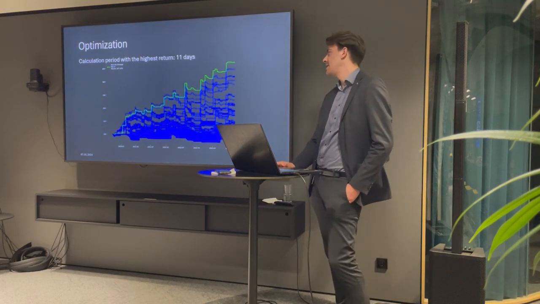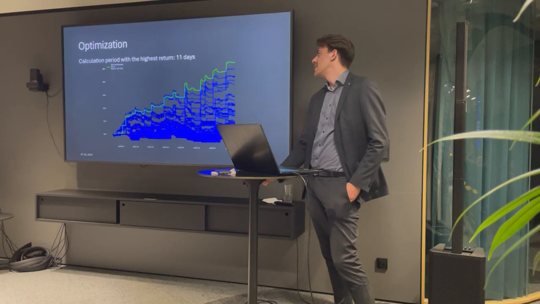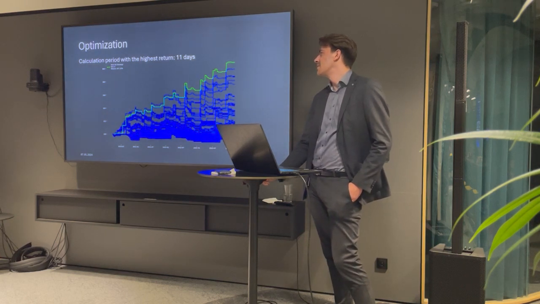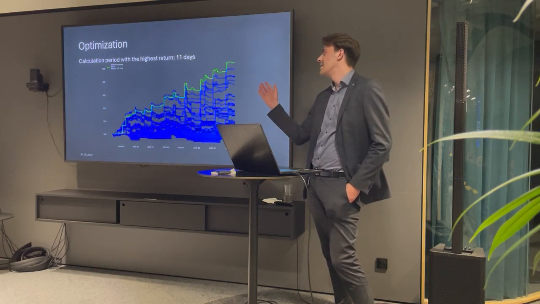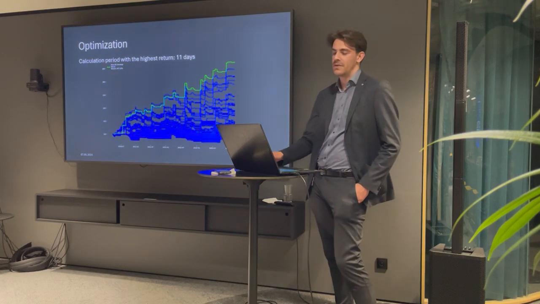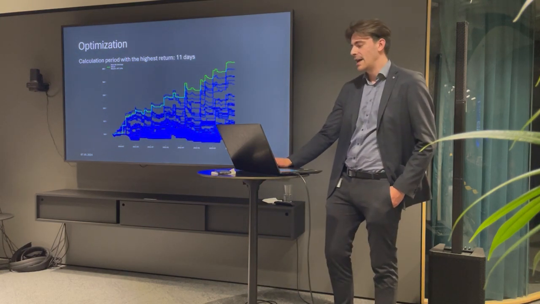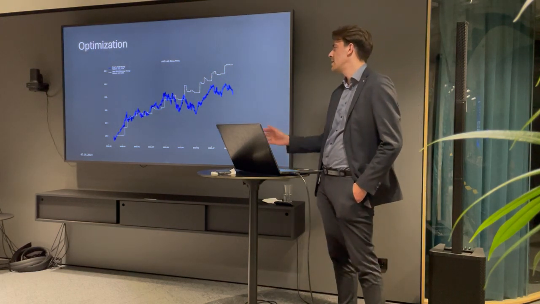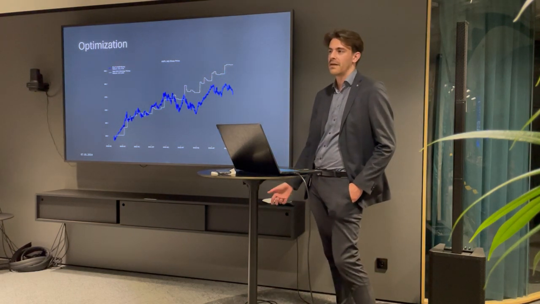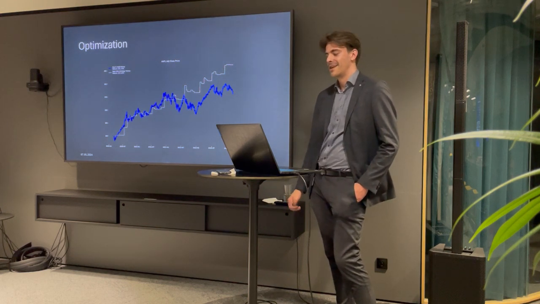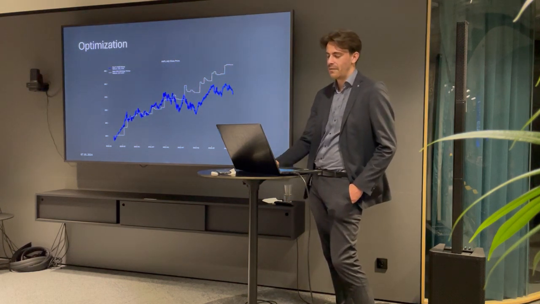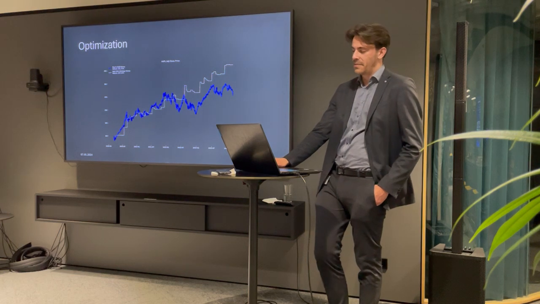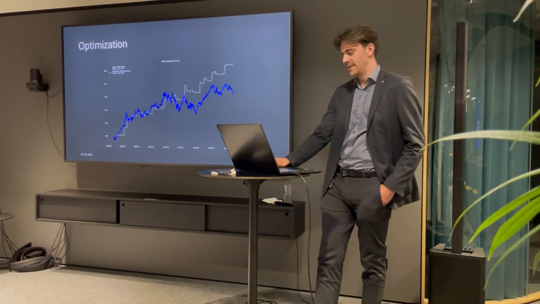What we can see here, marked in green, is the strategy which returned the most money, which ended up with a return of around 260% at the end. If we compare that to the buy and hold strategy, we can see we actually outperformed it, so we ended up with more money in the end than if we had just bought the Apple share at the beginning and held it until the end.